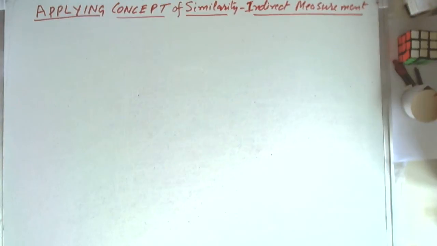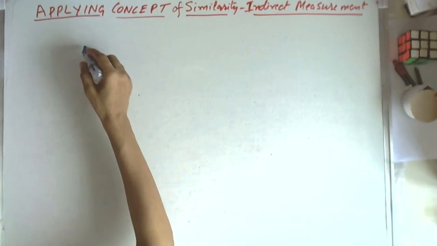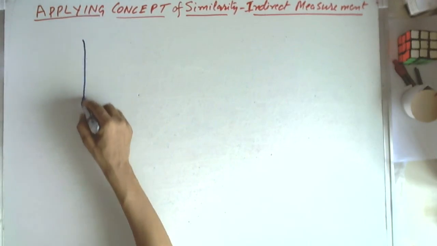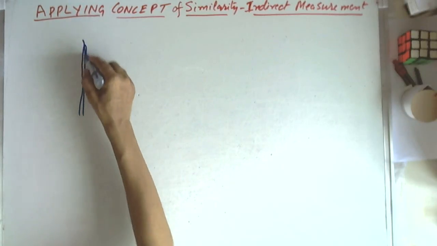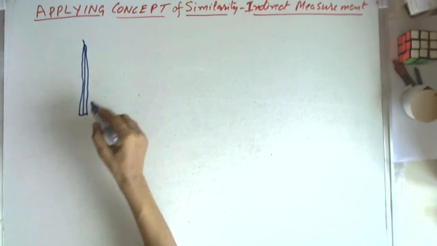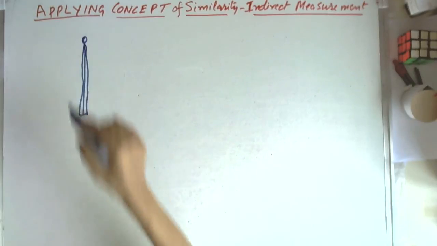And we can apply the concept of similarity for such measurements. And the basic principle, let's take a simple example. So suppose there is a lamp post and there is a bulb on top of the lamp post.